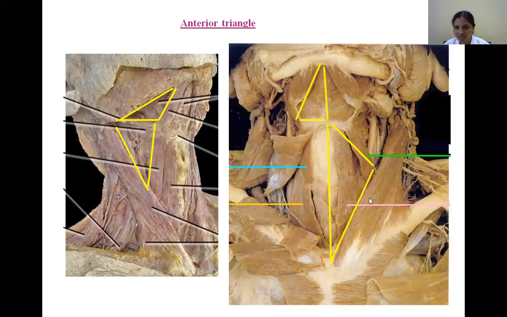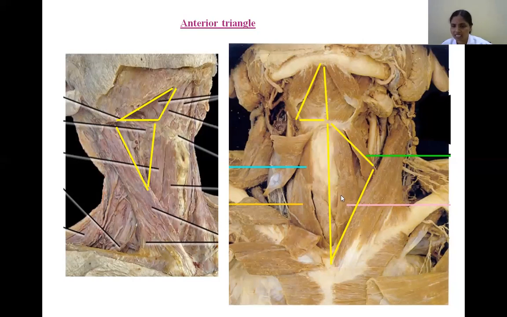I am repeating the three boundaries: the superior belly of omohyoid above and behind, the anterior border of sternocleidomastoid below and behind, whereas anteriorly an imaginary line. There is no demarcating muscle or any structure. It is just an imaginary line, right? Extending from the body of the hyoid bone to the suprasternal notch. So this is the muscular triangle.